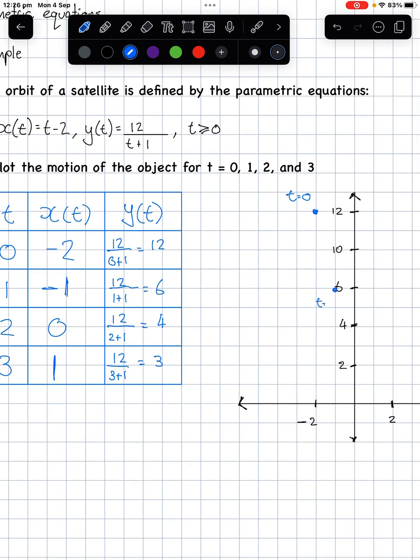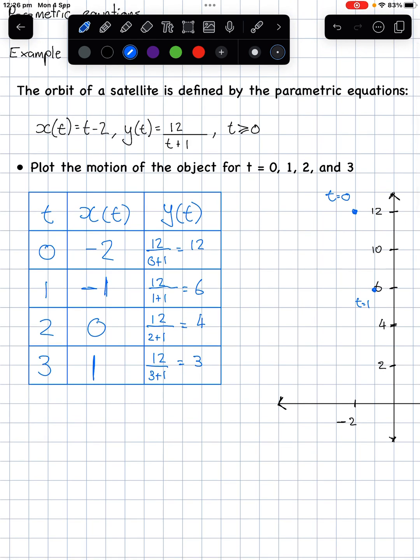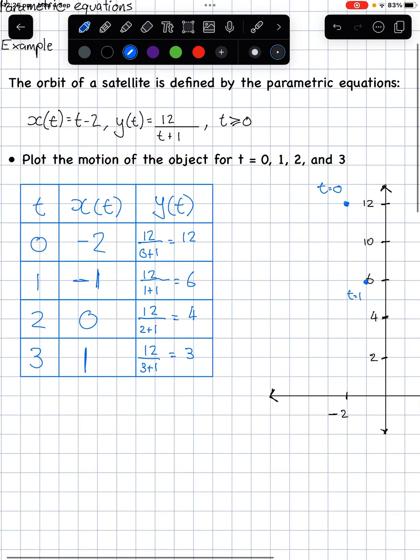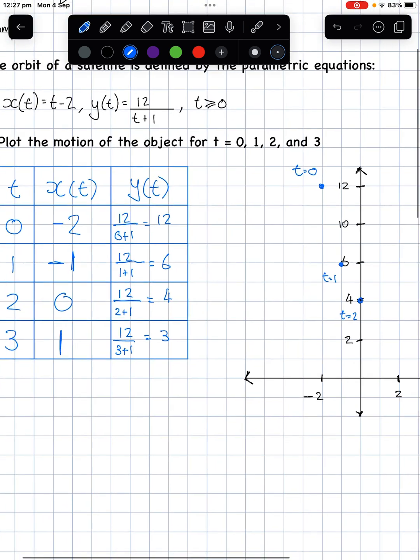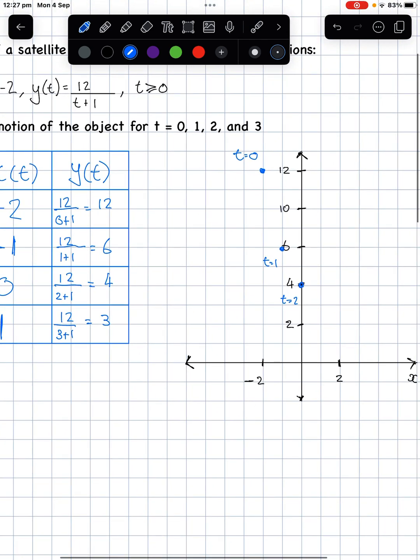Then the next one, x equals 0 and y equals 4, is this point, t equals 2. And the next one, t equals 3, we get 1 and 3, which is that value there.